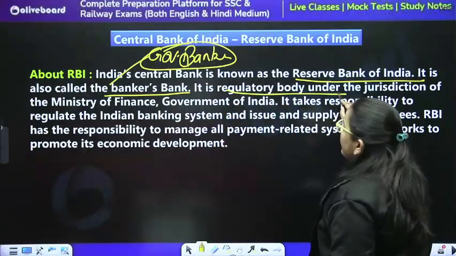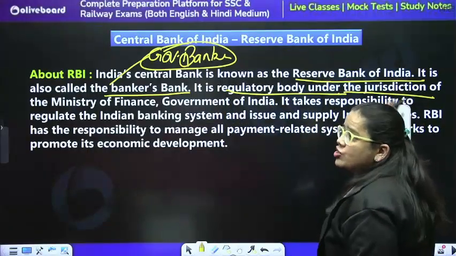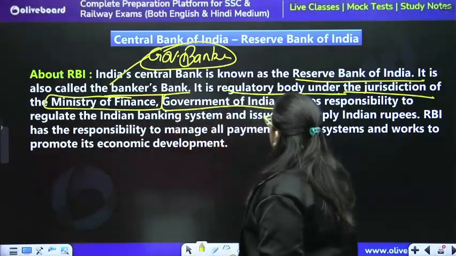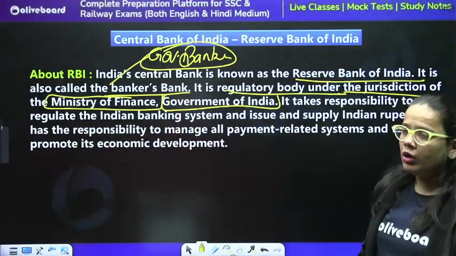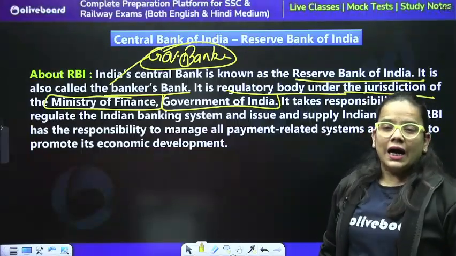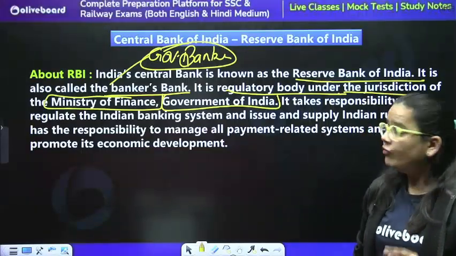It is a regulatory body under the jurisdiction of the Ministry of Finance, Government of India. So basically, the Government of India's Ministry of Finance can regulate the RBI, or Reserve Bank of India.